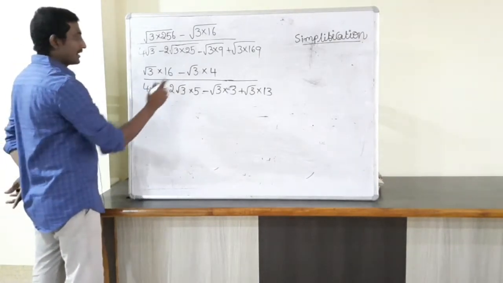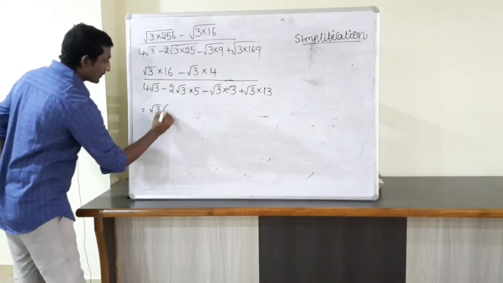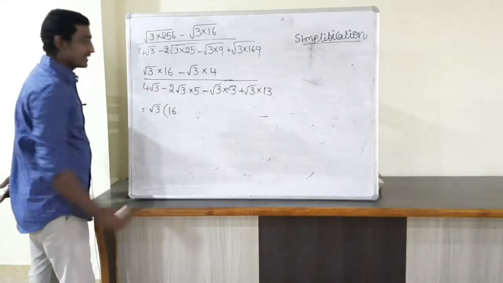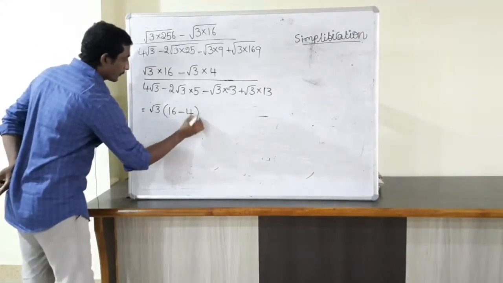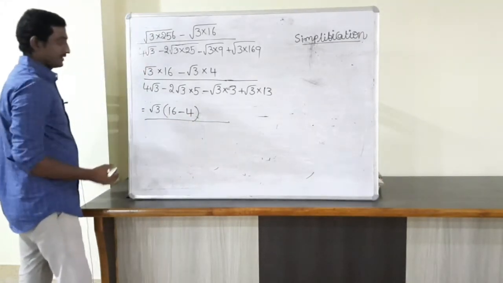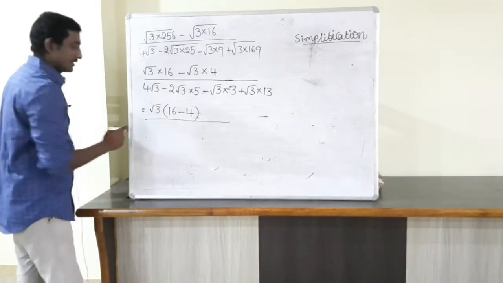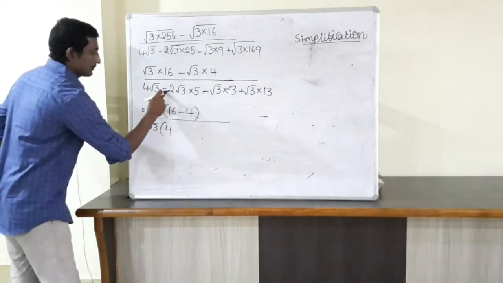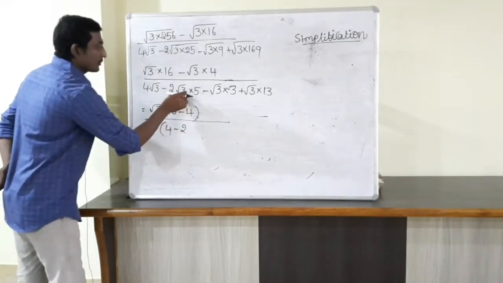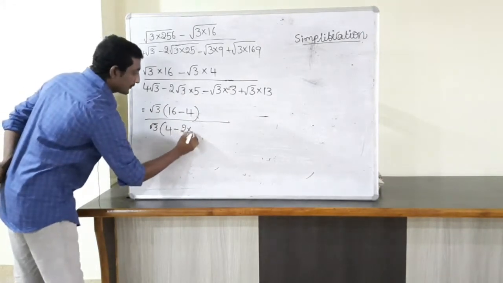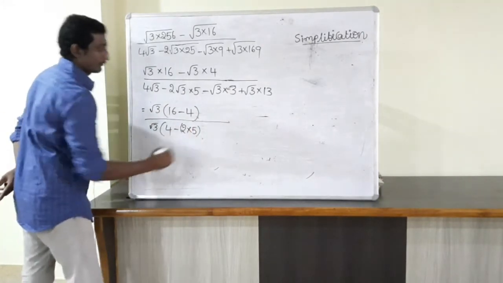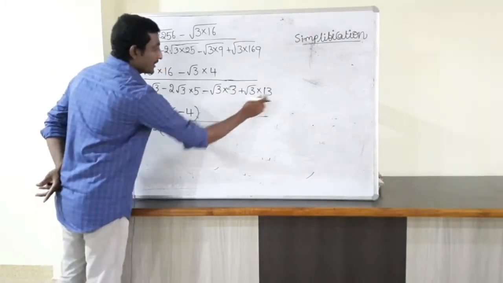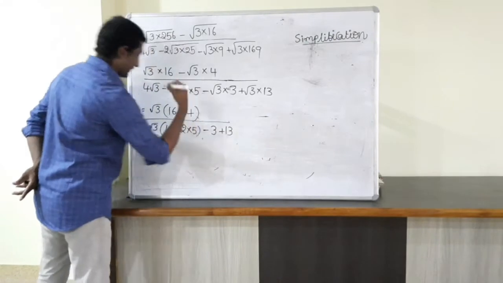Observe here, root 3 is common in the numerator. What is the remaining term? Root 16 minus 4 in the denominator. Now root 3 common: 4 minus, root 3 common, just the remaining terms, 2 into 5, minus 3, plus 13.